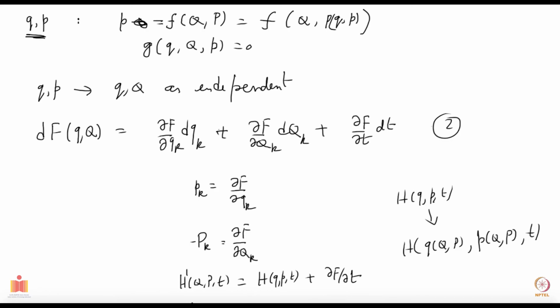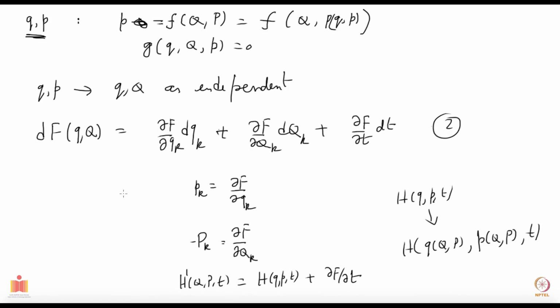So let's take a simple example and see how to generate transformations. So let me take the F to be q times capital Q, and let's say we are looking at a system of 1 degree of freedom, so there is only one q, and whatever I write will immediately generalize to a system of n degrees of freedom.